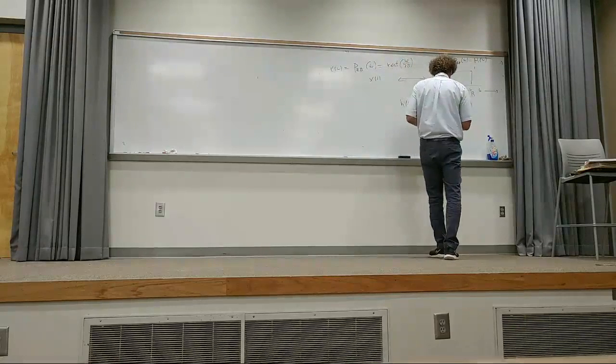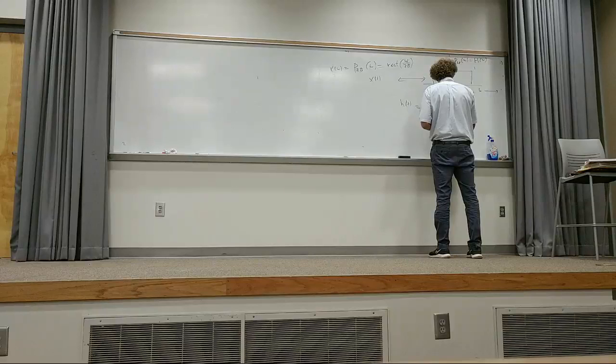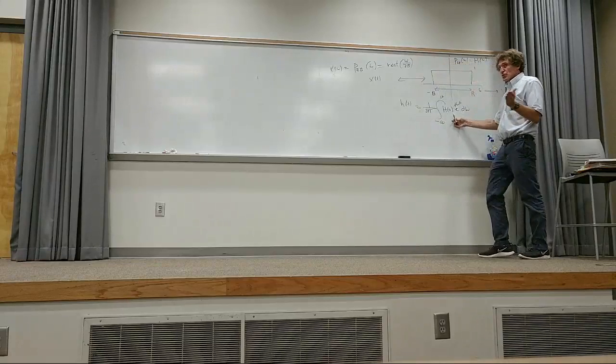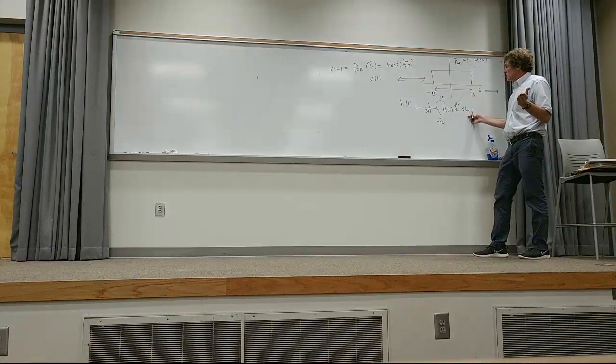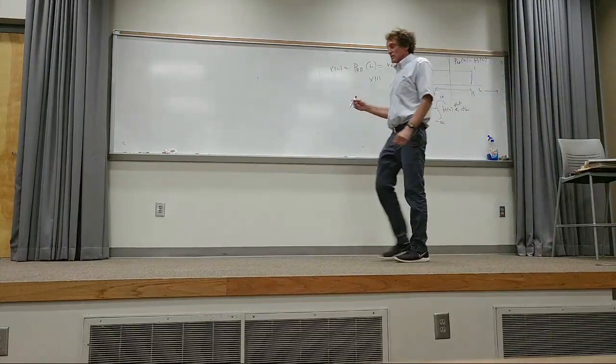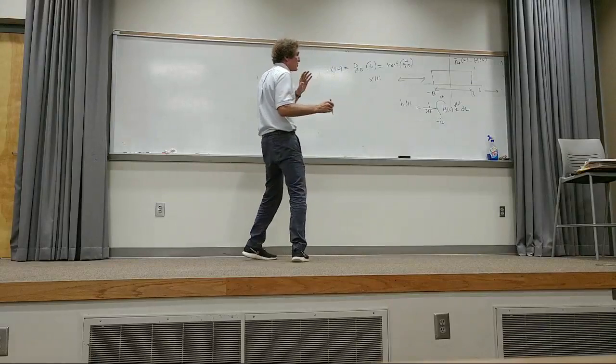H of t would be 1 over 2 pi, the integral of h of omega times e to the j omega t d omega. Now, you could, in fact, put that in here and do this integral. It's not that hard an integral. You'd waste too much time doing it that way, but you could do it and get h of t.